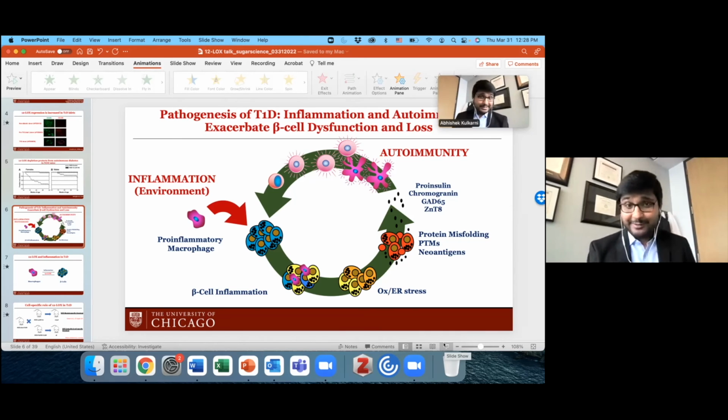I don't know whether I have answered your question, but that's where we think 12 LOX is playing a role somehow in exosome release as well. But at this point, the studies are preliminary and we still need to investigate further.